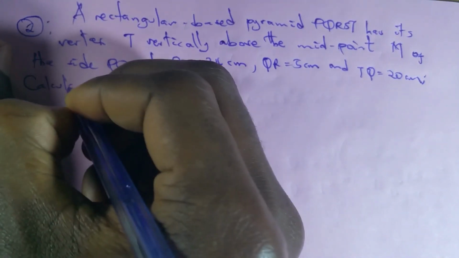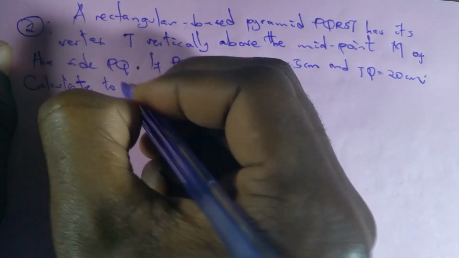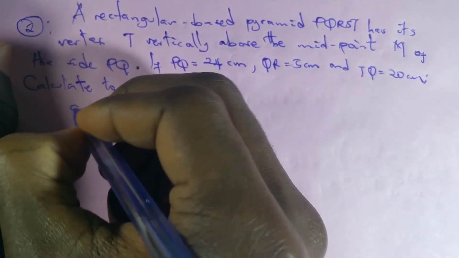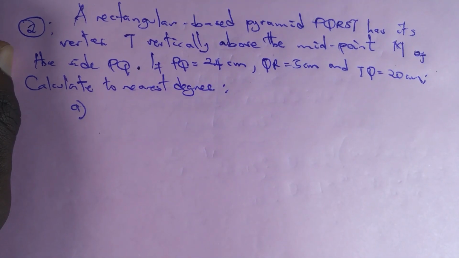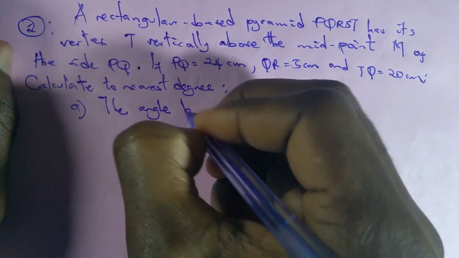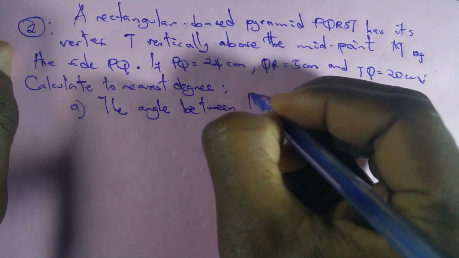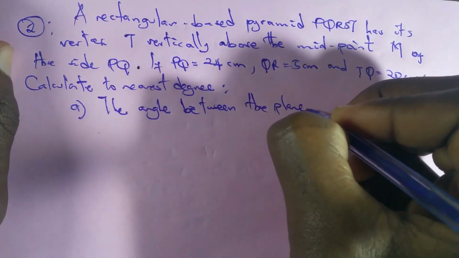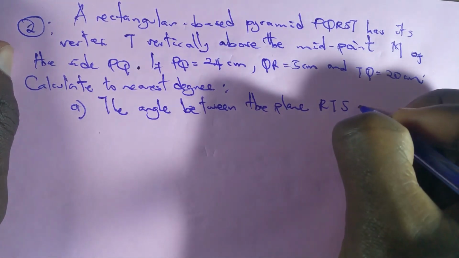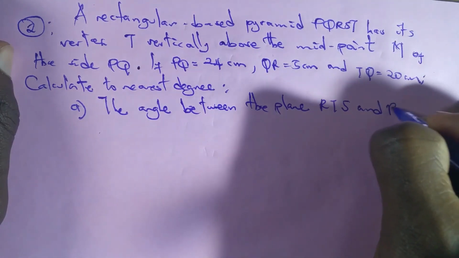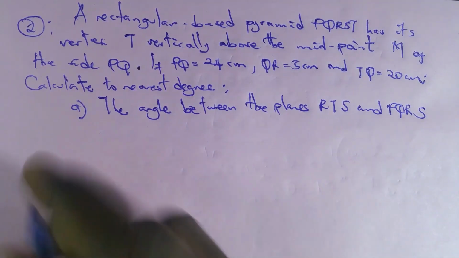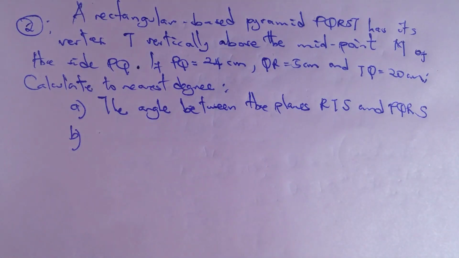Calculate, to the nearest degree, first part of that question: the angle between the plane RTS and PQRS, these planes.